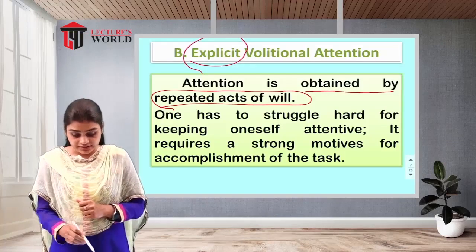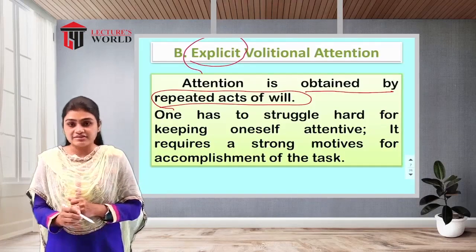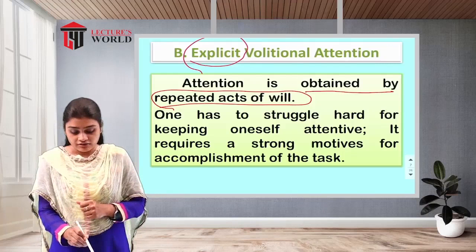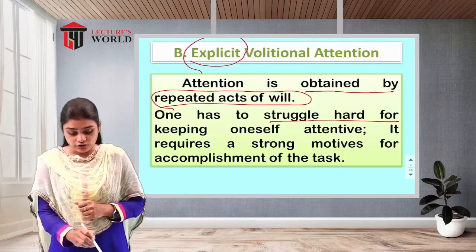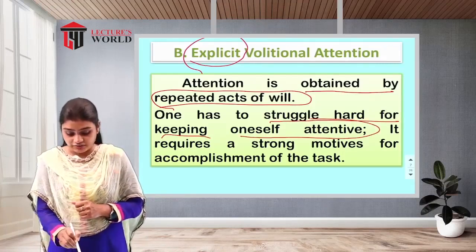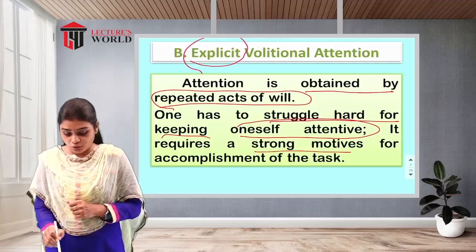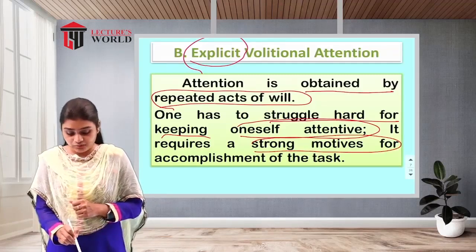Let's see the example and further details of explicit volitional attention. One has to struggle hard for keeping oneself attentive. It requires a strong motive for accomplishment of the task.